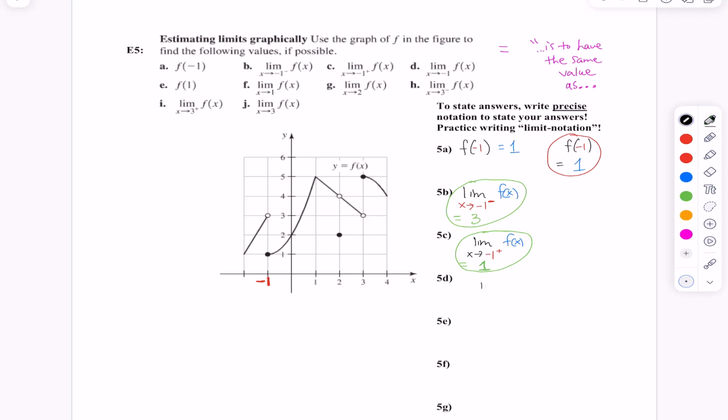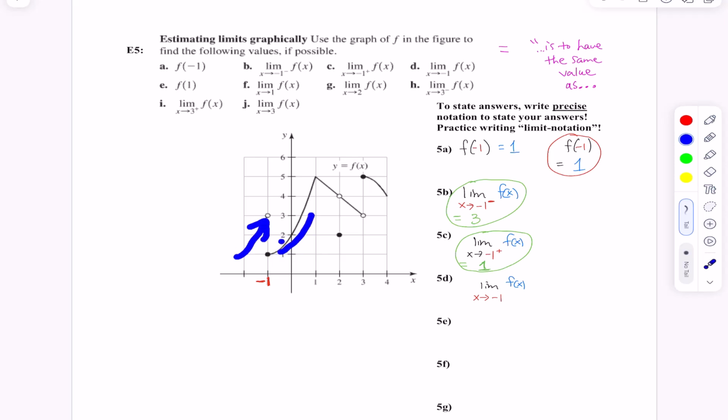Part D. Let's write the limit as x approaches -1 from both sides. Where do the corresponding function values go? Well, the issue is that 3 is not equal to 1. So the limit as x approaches -1 from both sides does not exist. Notice the corresponding function values do not approach the same number.